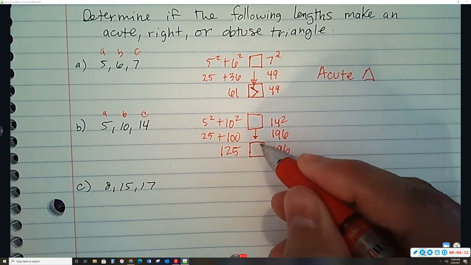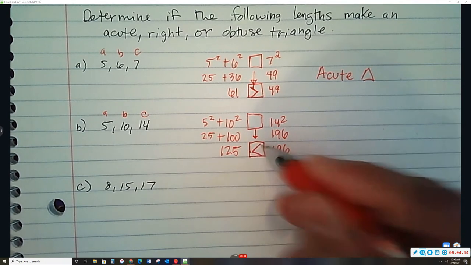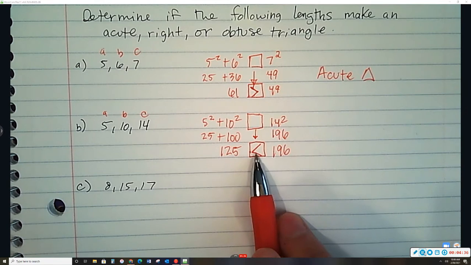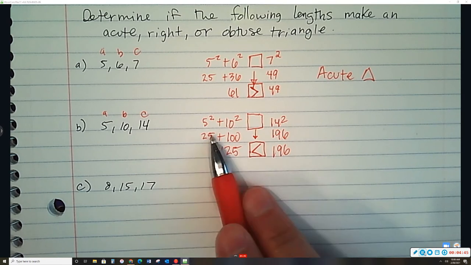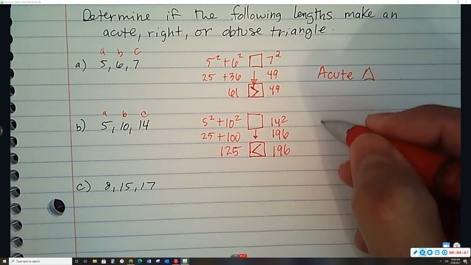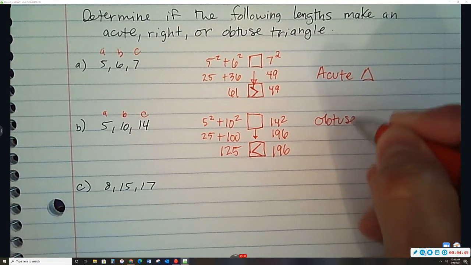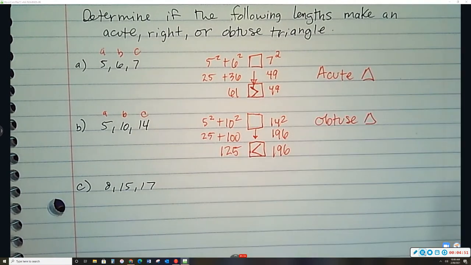Now in this case, this is the correct inequality symbol that should be in there. But again, go back to this is c squared. Whenever c squared is bigger than these two, you should think obtuse triangle.